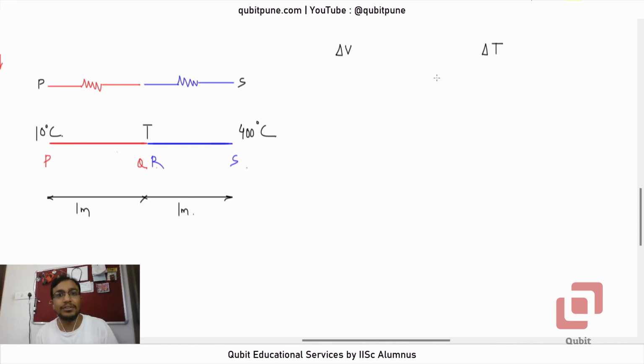Current is flowing because there is a temperature difference or a potential difference. So what is current? Current is analogous to rate of heat flow. Do you agree to this? dQ by dt, which is steady, or we can call it Q dot. Is that clear?